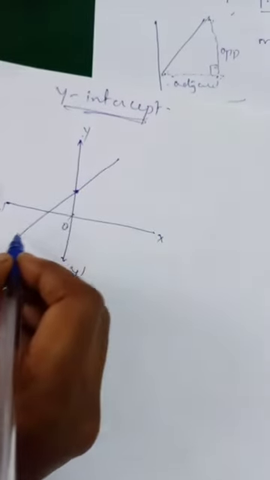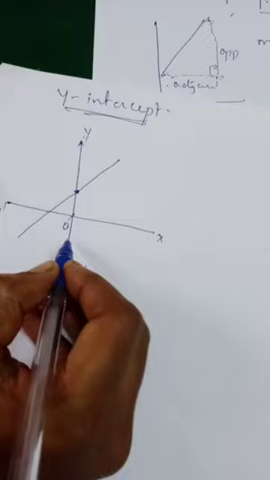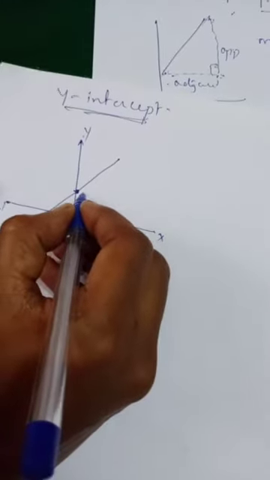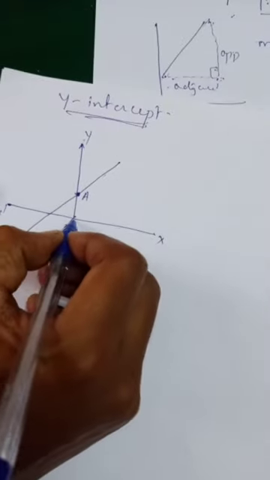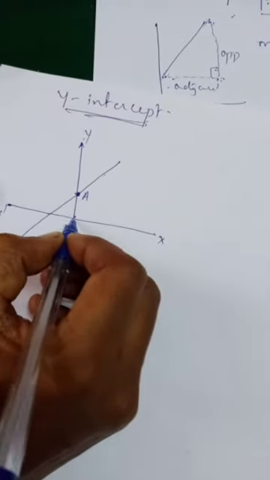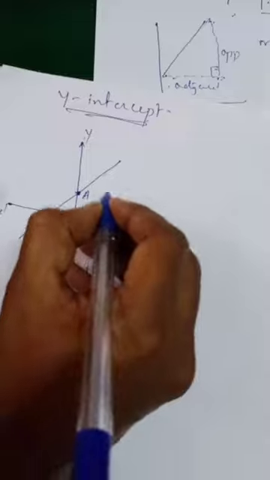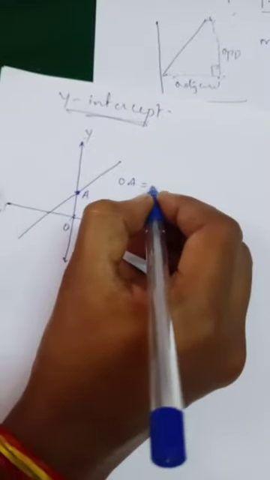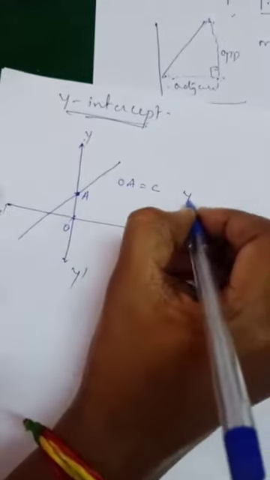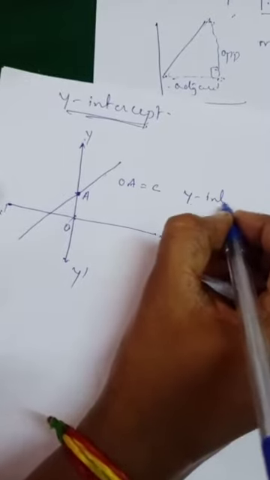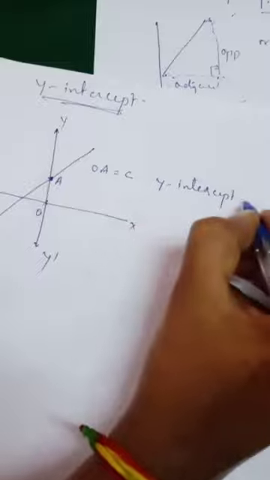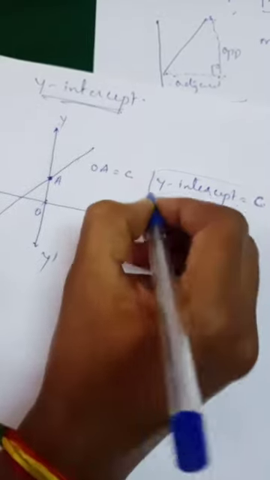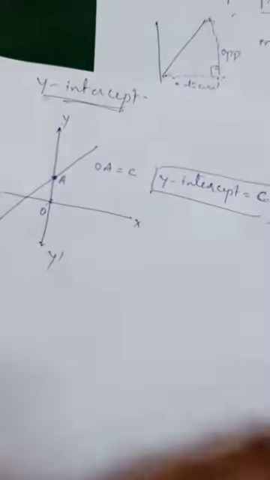If a straight line meets the y-axis at a point, say A, then the distance of this point from the origin, that is OA. So here OA is nothing but C, because the y-intercept is denoted as C here. So I'll write OA is equal to C.